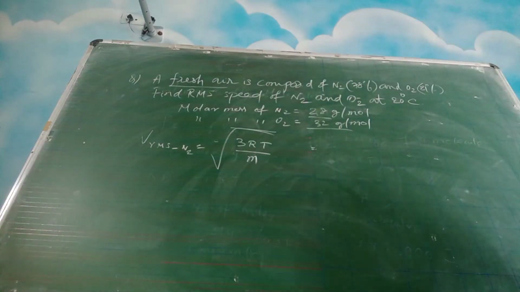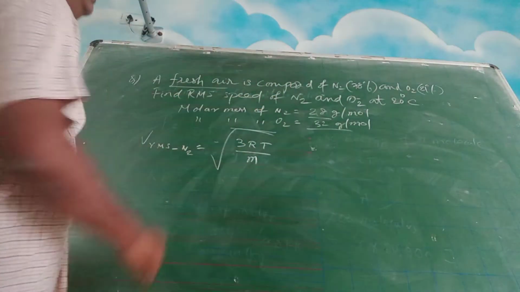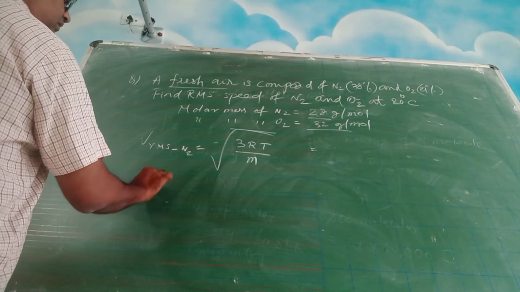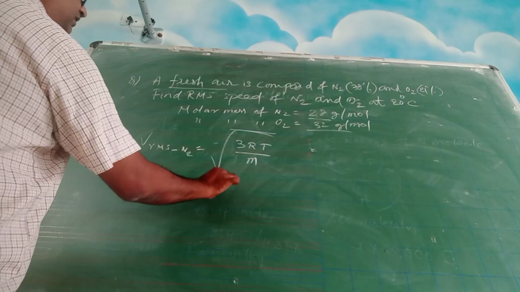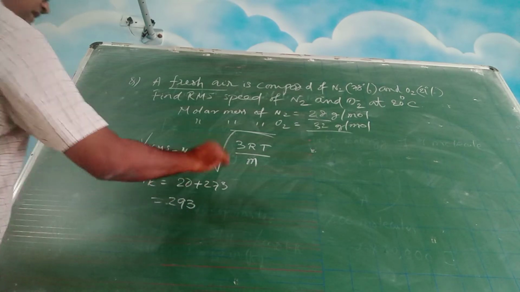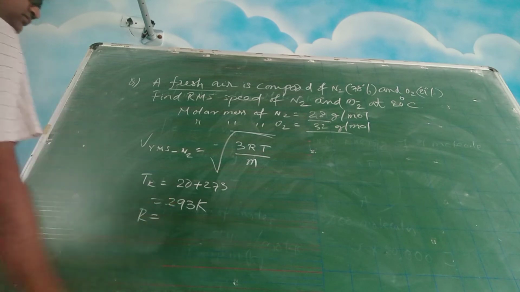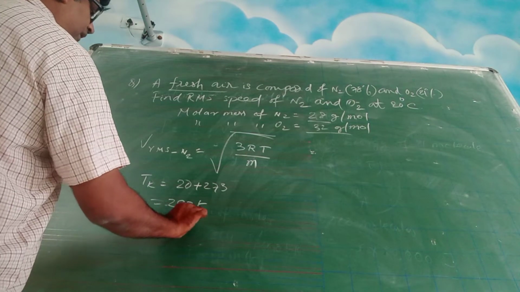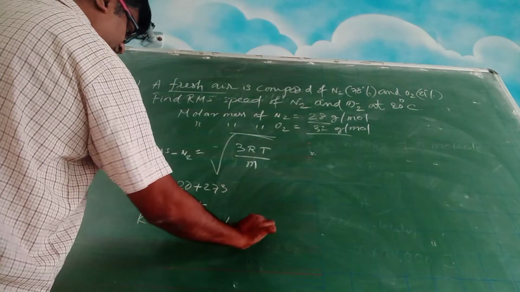Now here the temperature should be in Kelvin. The temperature is given in Celsius. So temperature in Kelvin, T_K, will be whatever is the temperature in Celsius, add 273 to that, and it converts into Kelvin. So it is 293 Kelvin, right? R value, what is our universal gas constant? 8.314 joule per mole Kelvin.